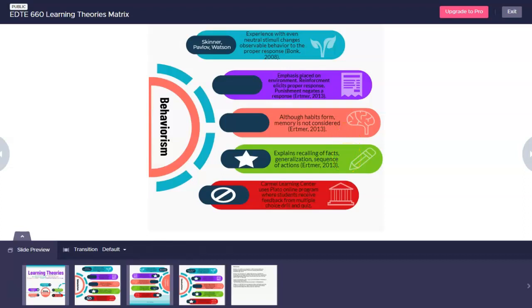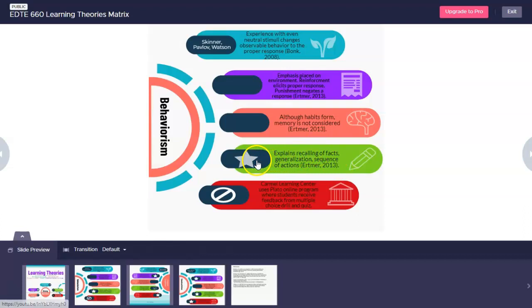When we consider what type of learning is produced with this or described with this theory, we can see that behaviorism is consistent with recalling of facts, with generalization, and with sequence of actions.